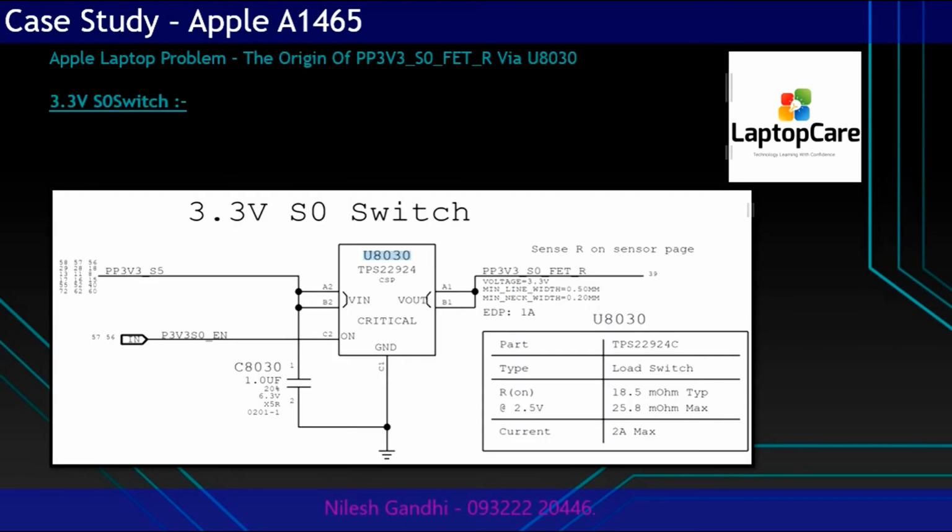As shown here, the working principle of U8030 is very simple. It has two inputs, input voltage and enable, and an output.